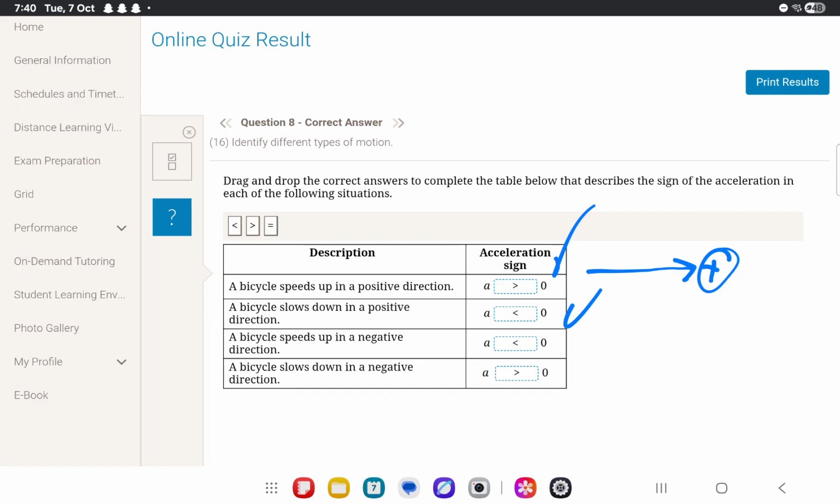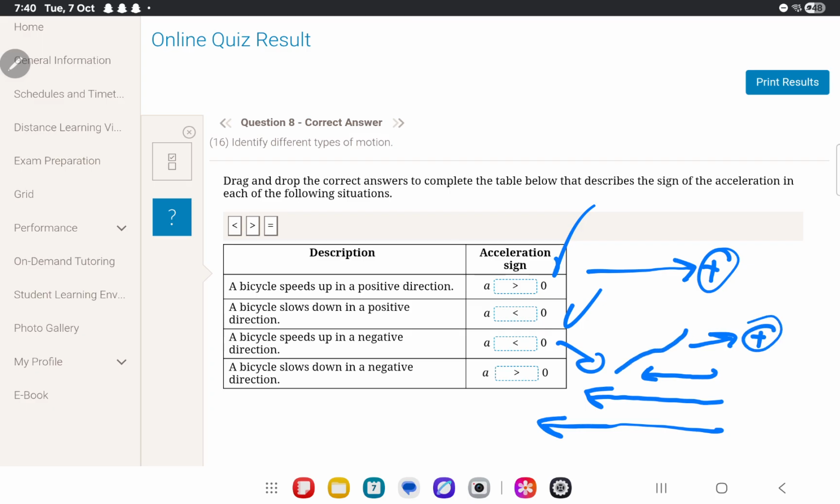You're gonna decelerate. Now, if a bicycle is speeding up in the negative direction, that means the magnitude of the acceleration is increasing. The magnitude, okay? However, if you include the sign, you're still moving in the negative direction, right? You're speeding up in the negative direction. So if you think about it, you're going back like this, then even more back like this and more back like this, but the positive direction is this way, right?